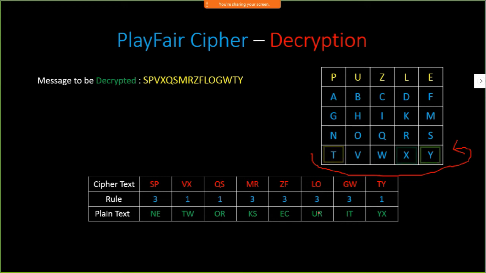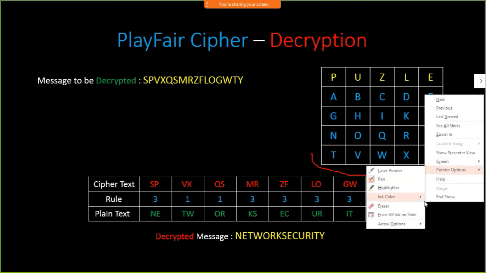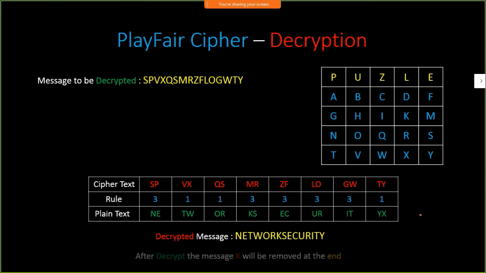We got the actual message, network security, and the last letter is X. It is only a filler that works for the encryption and decryption process. After decrypting the message, X will be removed from the end of the original message.